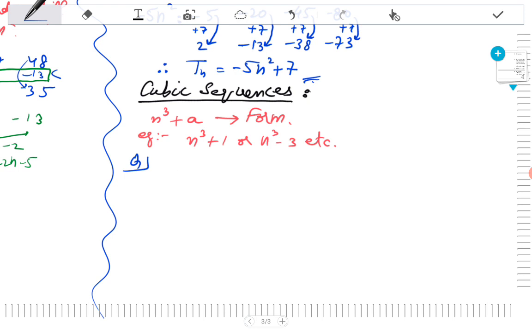Like if I give you some sequence of numbers, I'm making a question actually, which is related to a similar kind of situation.